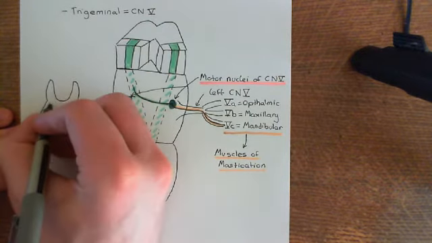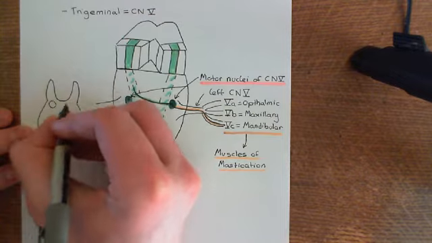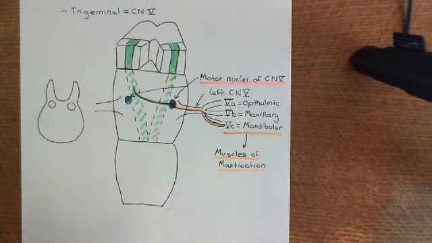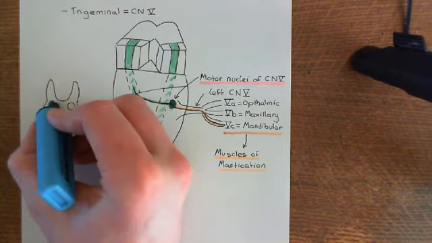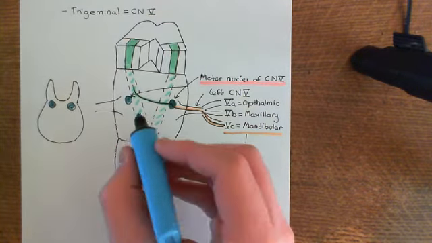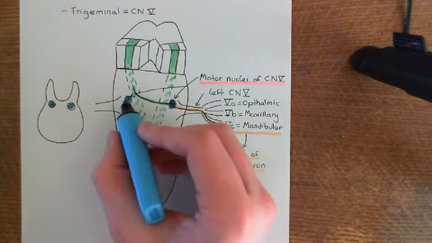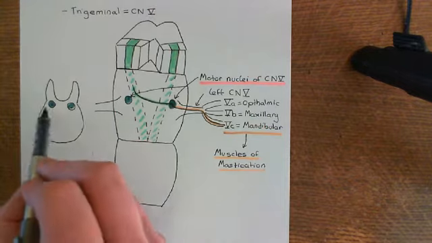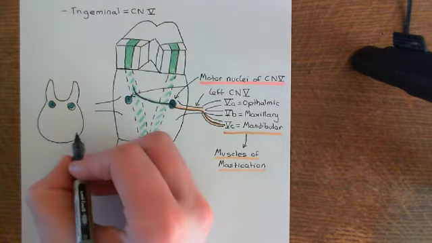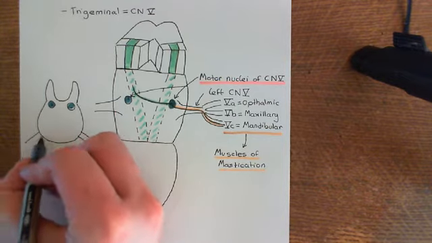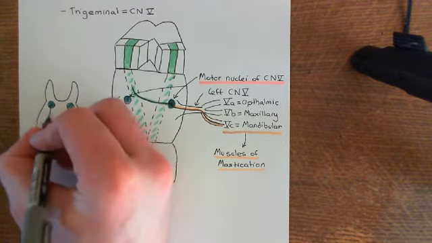Now, the motor nuclei of cranial nerve 5 are right at the back of the pons, almost in the middle cerebellar peduncles. So these are the structures that we are seeing here. That's just to show you where they are, because at the moment it looks as though they're sticking out from the front of the pons, but in fact they're right at the back. And they will be sending fibers into the trigeminal nerves, which will be right at the front here.